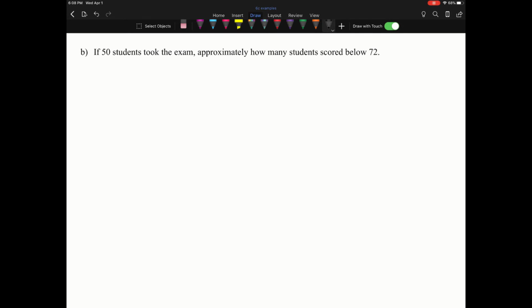Here we're going to find out what percentage of students who took the exam scored below 72, and apply the percentage to the number of 50 students. So again, let's assume that the distribution is normally distributed, and we know that the mu, 77, is in the center of the distribution.